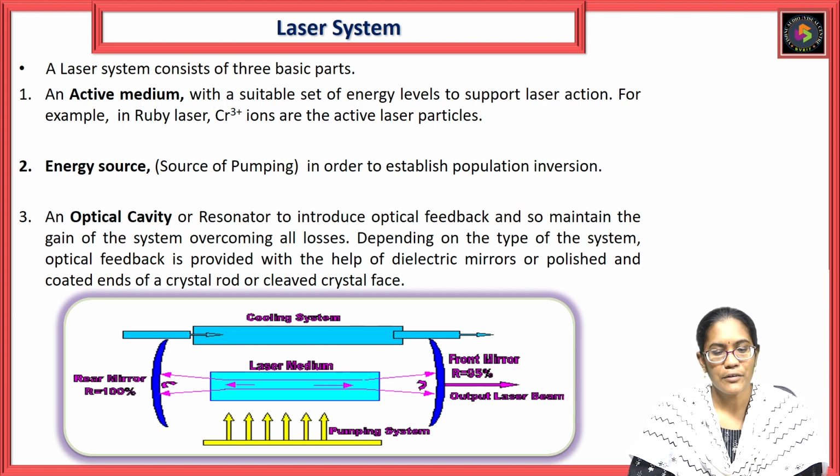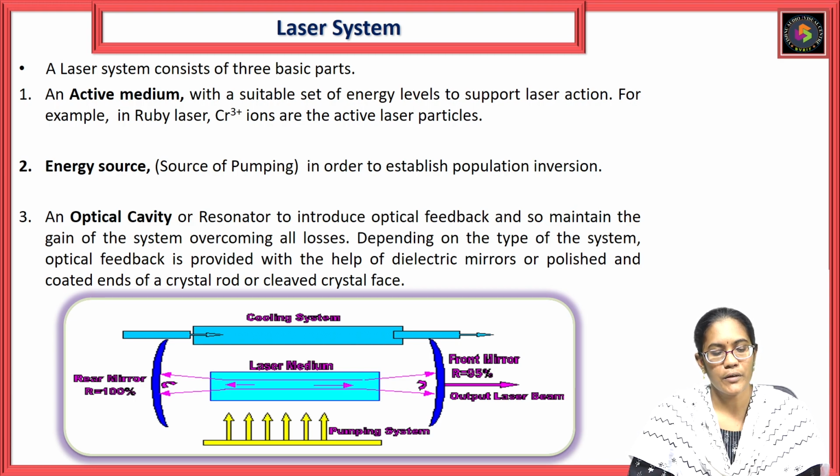The active medium provides the set of energy levels to support the laser action. For example, in the Ruby laser, the Cr3+ ions are the active laser particles. The second component is the energy source or pumping source. It helps to achieve population inversion so that lasing action can be done.